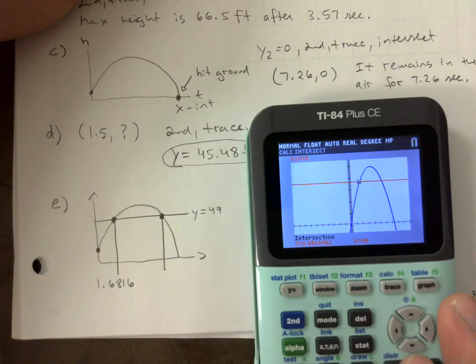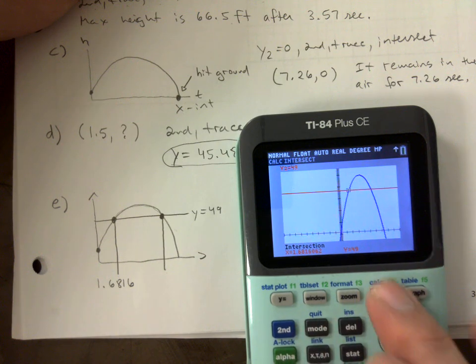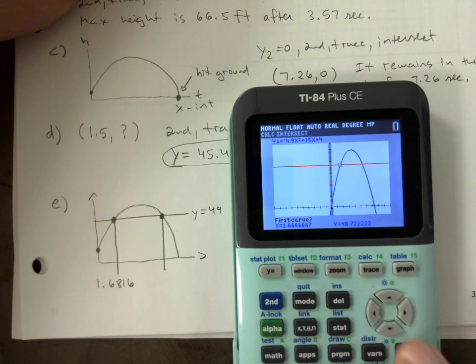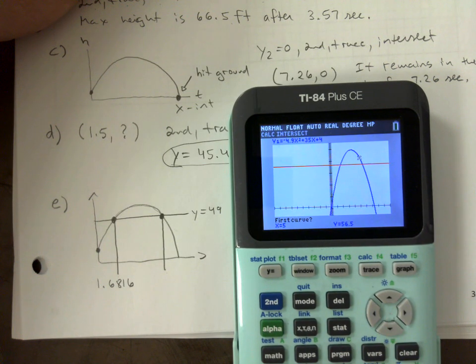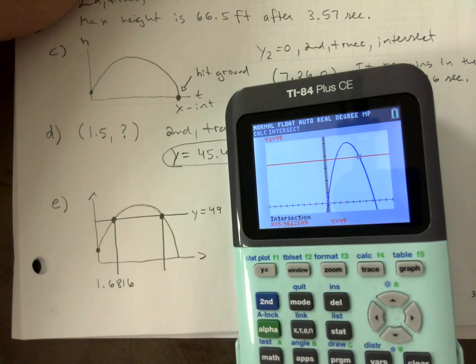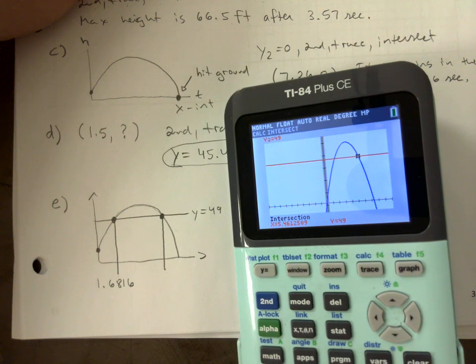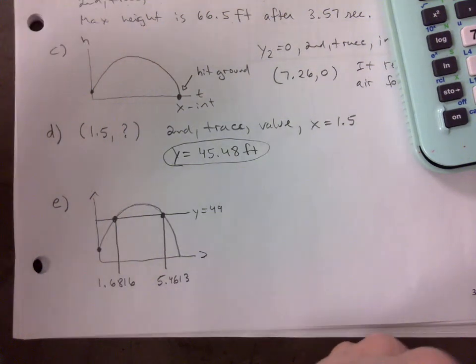But this one you can't just copy paste. That's the downside of using second trace. I'm going to find the intersection one more time. This time I'm going to go closer to the second. So enter, enter, enter. And there I get 5.4613 if I round.